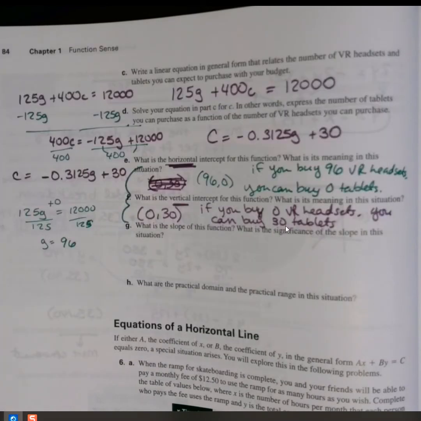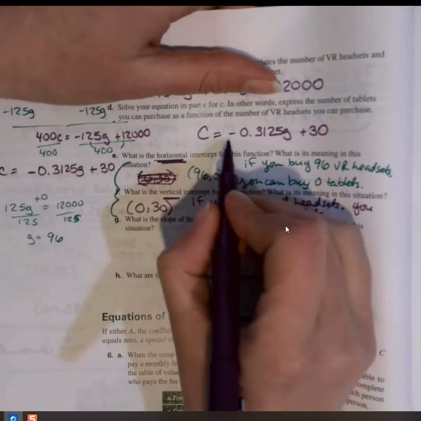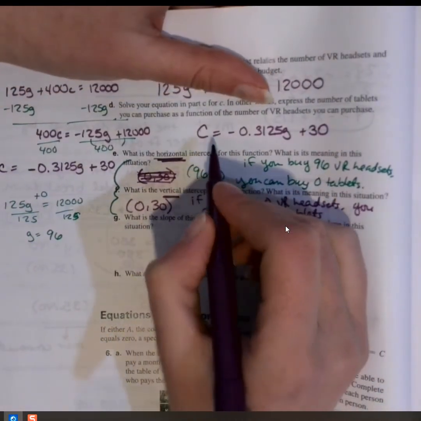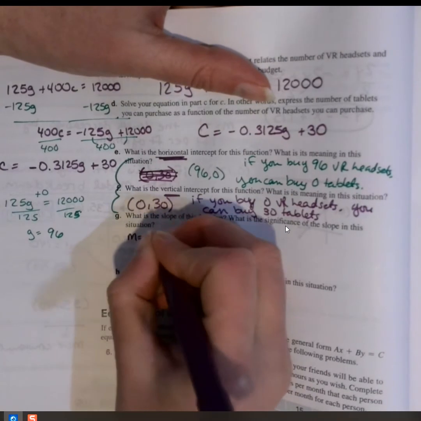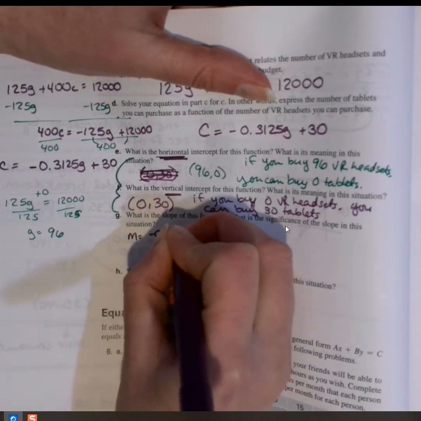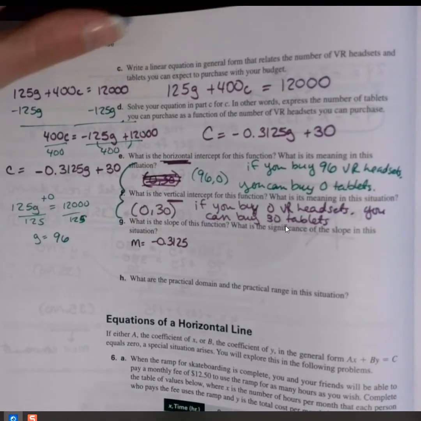What is the slope of this function? Well, I found it up here when I solved for C. The slope is negative 0.3125. What does this mean? What's the significance?